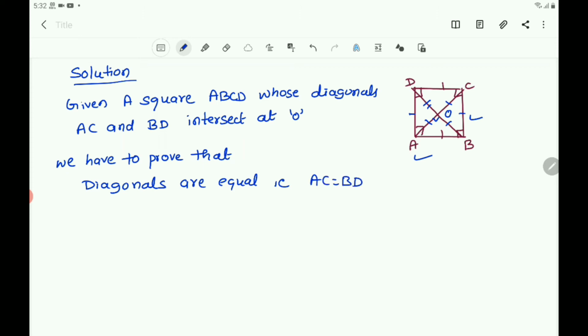Next, they bisect each other at right angles.